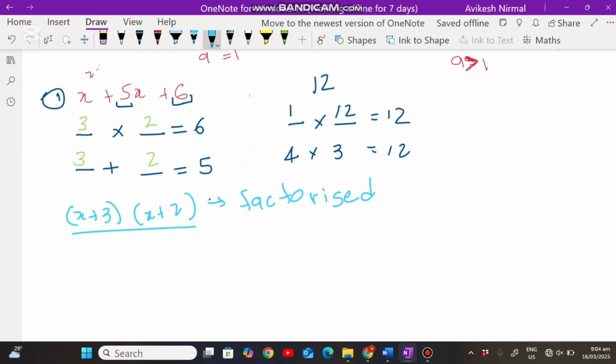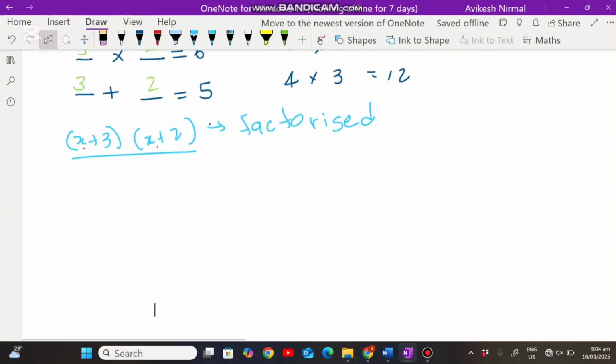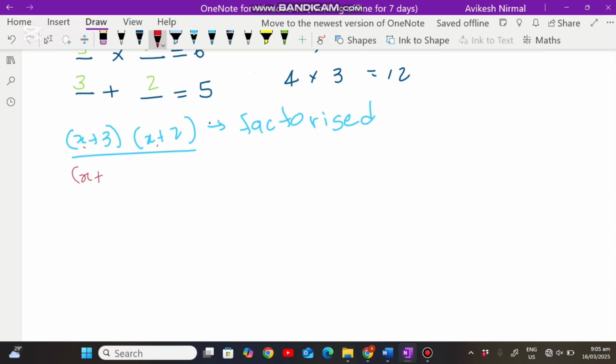Now why this bracket? Why are we adding these x's here? I'll answer this question in a very simple way. Now here I have factorized. I can also expand this bracket.